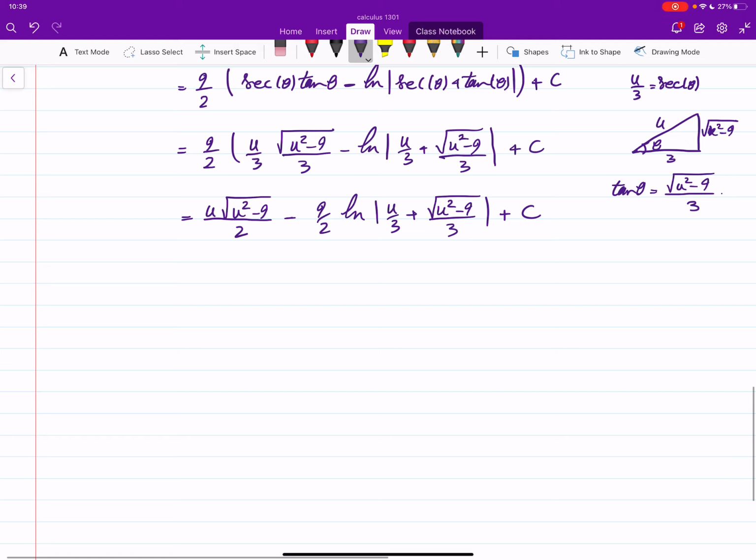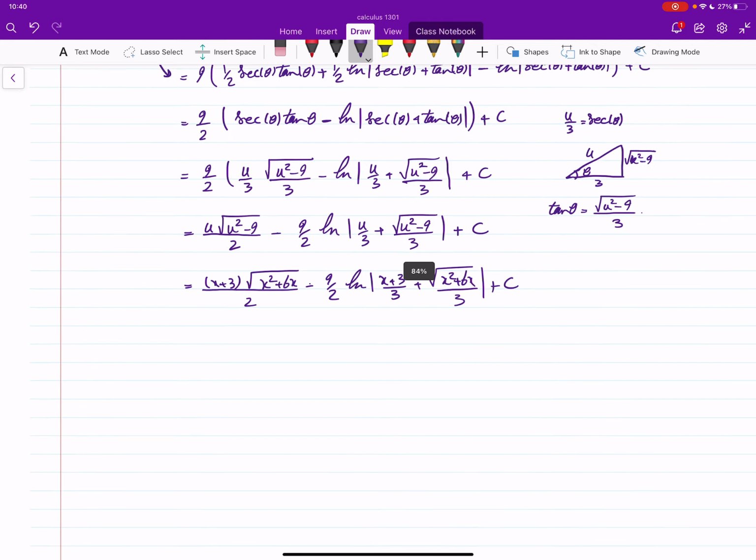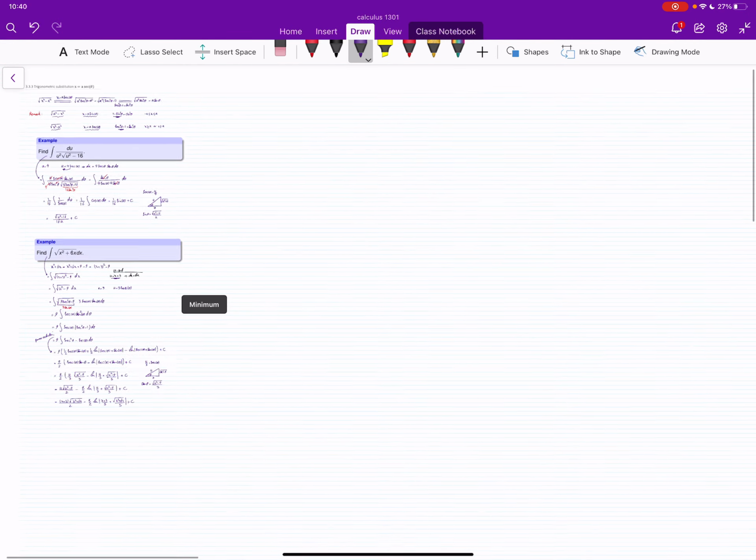So now let's just put that back in. x plus 3 times the root of (x plus 3) squared minus 9 will give you x squared plus 6x under the root. And the log term is 9 over 2 ln of x plus 3 over 3 plus the square root of x squared plus 6x over 3, plus c. So this way we turn everything back into our original variable x, and you saw how the substitution worked in this case.